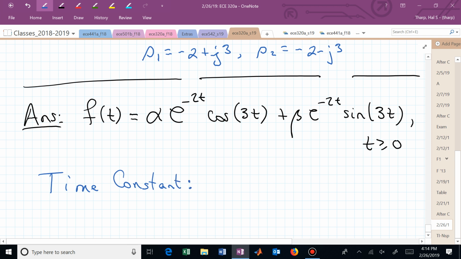So I've heard a couple of answers. I heard 5 tau. 5 tau is not the time constant. 5 tau is infinity, right? That's the 1% settling time, and tau in the 5 tau is our time constant. And what is the time constant associated with this little f of t? Can you tell me?